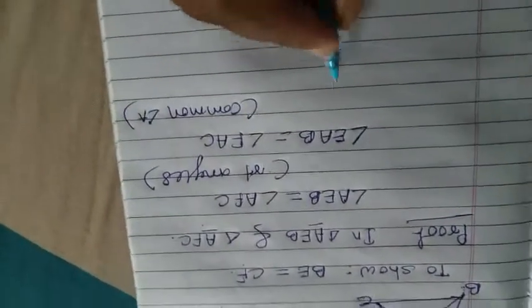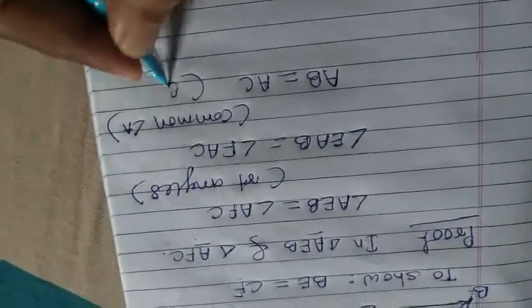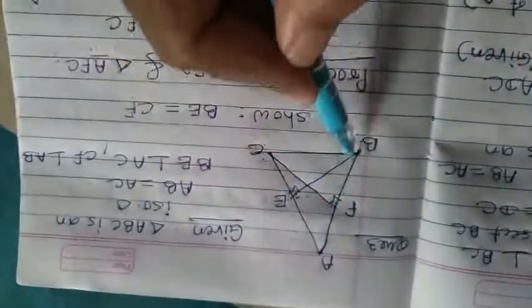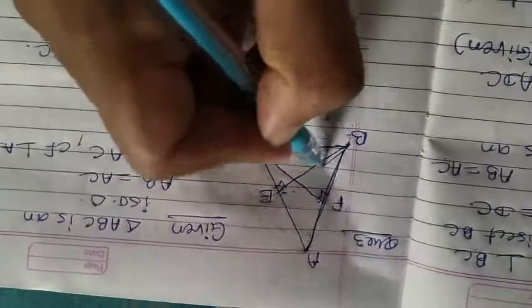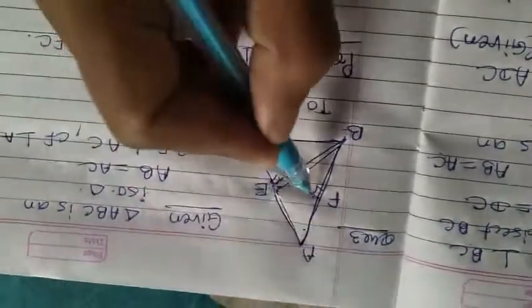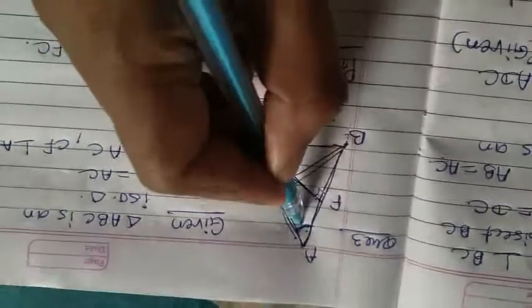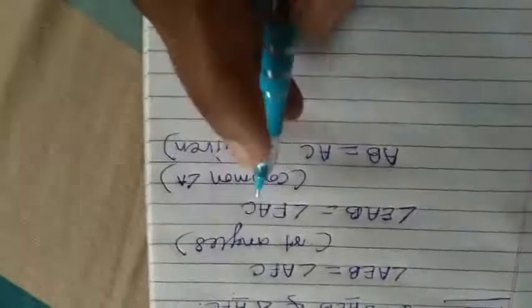And the last part is AB is equal to AC, which is already given. Now here we consider these triangles, this one and this one, in which this angle A is common, and that's why you can consider these two angles as the common angles.